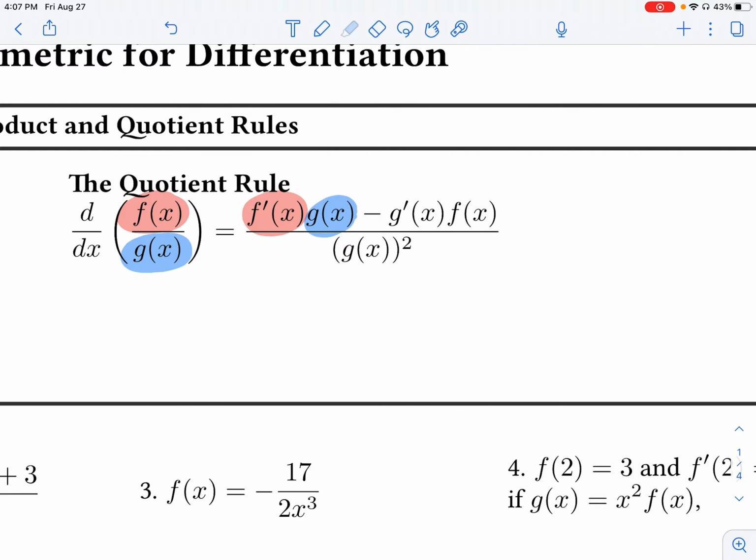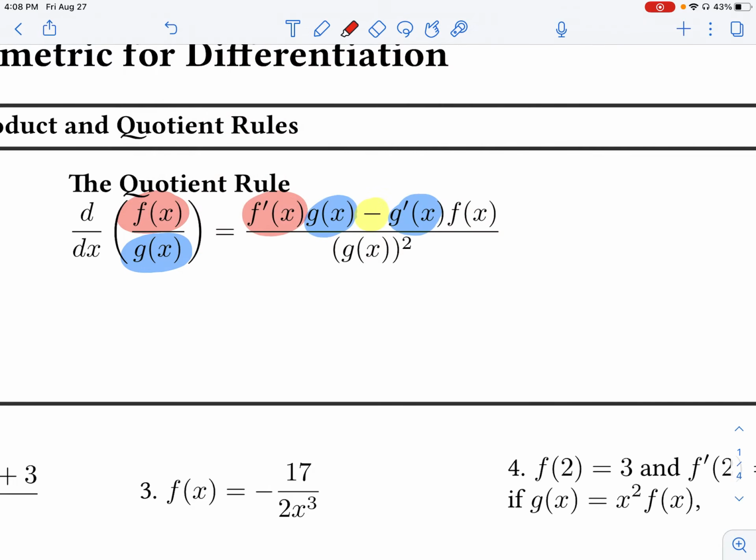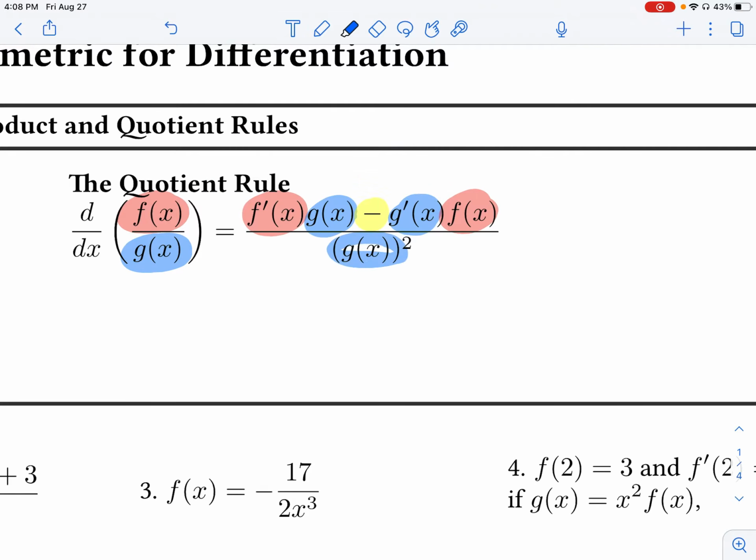And then, in a different color here, I'm going to highlight that we are subtracting. That's very important because it means we can't use the commutative property here. So we then take the derivative of g times the numerator, and all of this is over g squared.